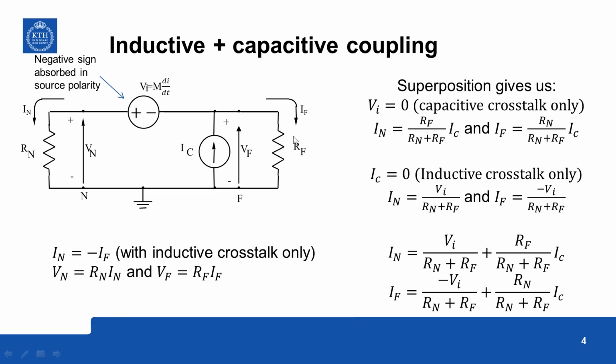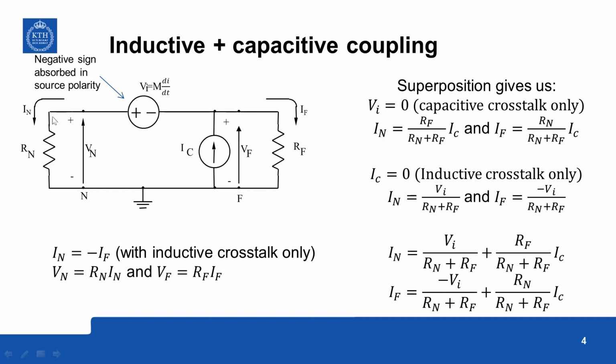Now for finding the voltages across the near end Vn and the far end Vf, we can apply the superposition theorem of circuit analysis. So let's say Vi equal to 0, that is, only the capacitive crosstalk is available.